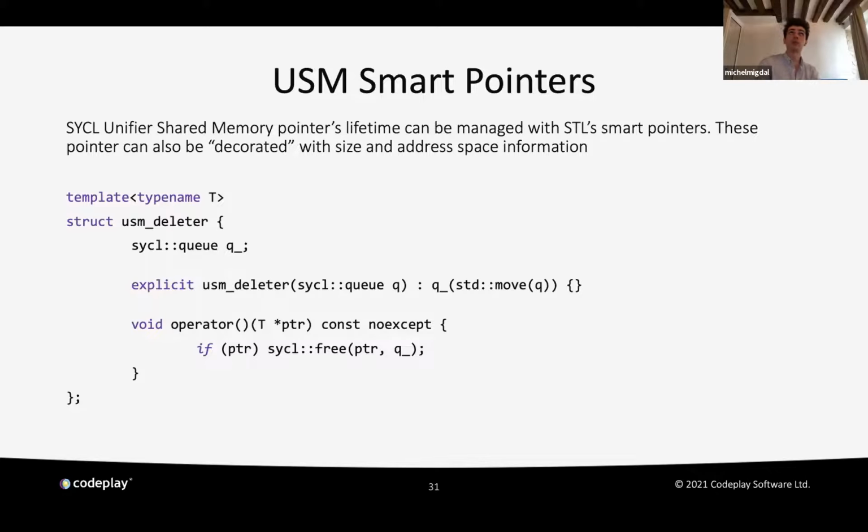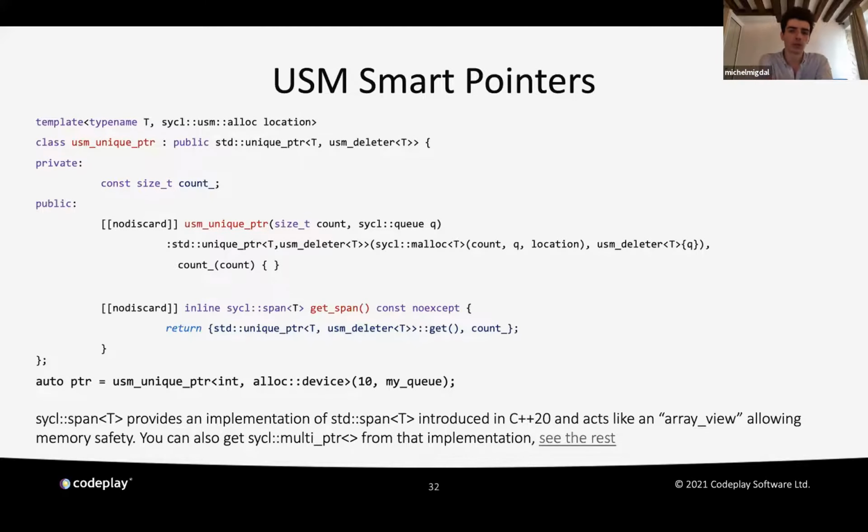With C++ 20 you'll be able to have evaluated lambdas and write that using lambdas, but right now in C++ 17 you can't. So it's just a syntax for a simple functor that will be called by the smart pointer on destruction and will free your memory.